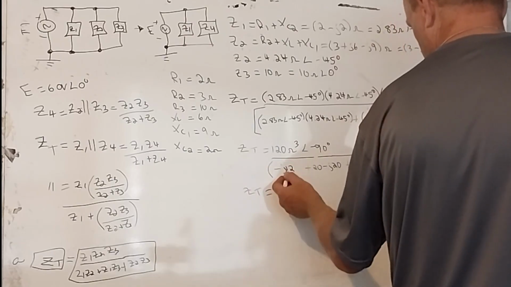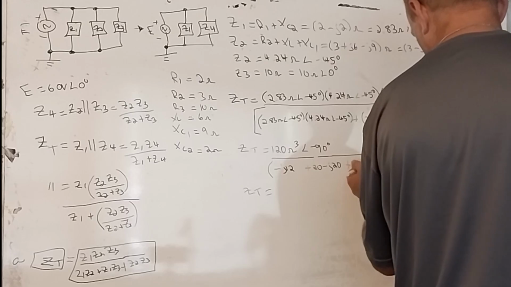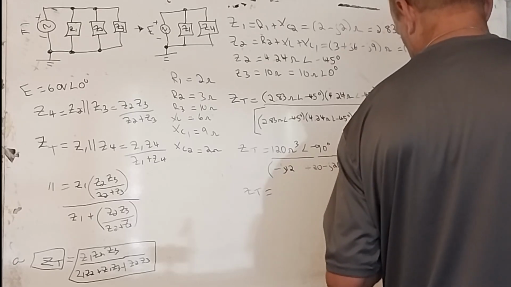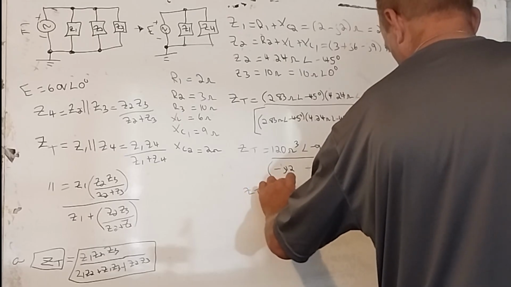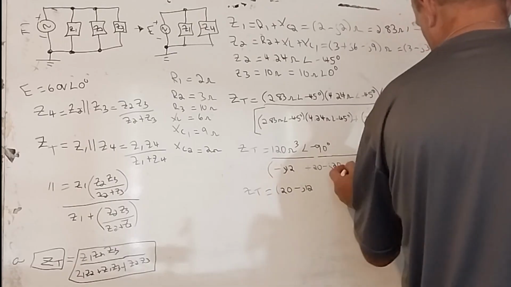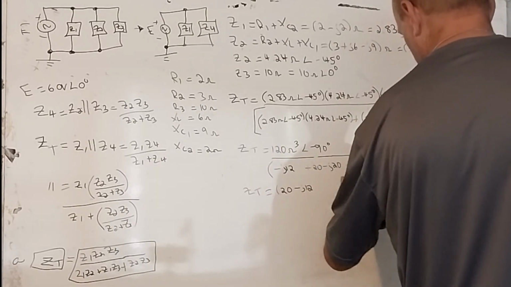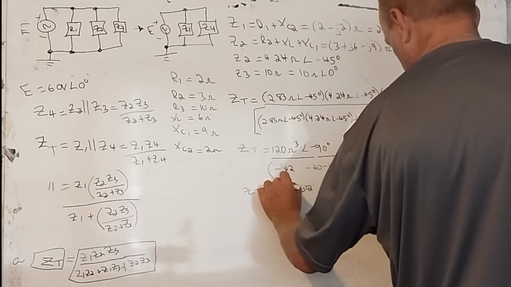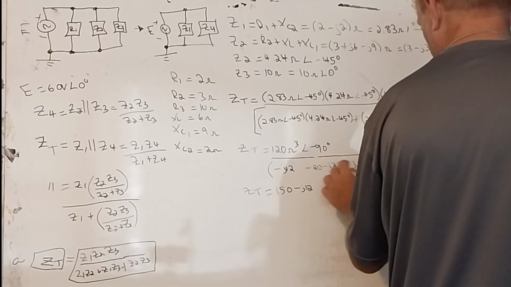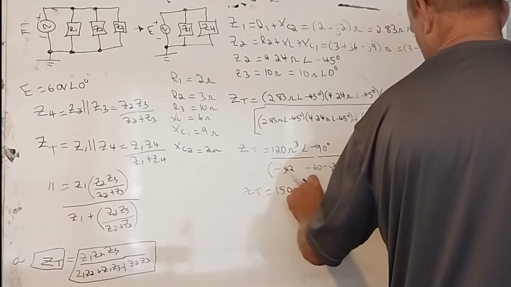And this becomes negative J minus J30 is negative J42, but we're going to add 30, so because negative 12, we end up with 20 minus J12. Because these cancel, I'm sorry, this is 30, this is actually going to be 50. 50, that's the R values. This becomes negative 50 J, and this becomes negative 62 J.